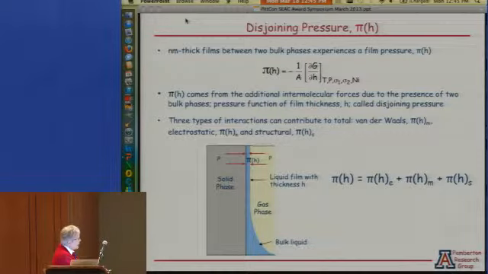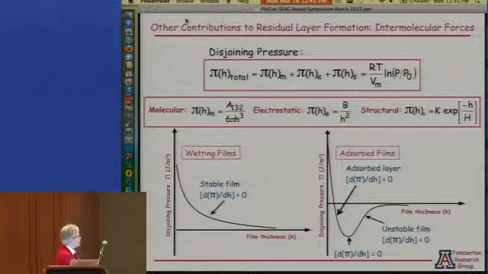It's got a repulsive electrostatic contribution that comes from electrostatic interactions within the film that, if they're present, serve to thicken the film. And then a structural component that is actually the least well understood of the three contributions, which has to do with the extent to which there are additional structural forces in the fluid in this region that stabilize the film.